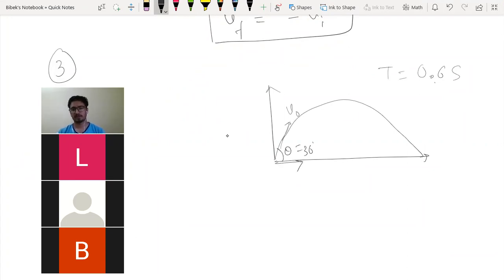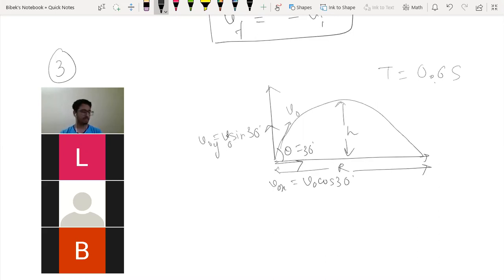So your x component is v naught cosine 30, and your y component is v naught sine 30. And this is your range, the total distance, and this is your height h.